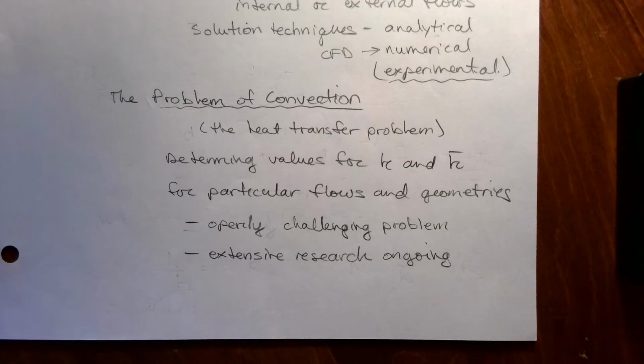There's a lot still to be learned about how to estimate this H value. The same really can't be said for radiation or for conduction for that matter. Those physical laws are very well understood. But coming up with values for H in Newton's law of cooling is still a challenge.